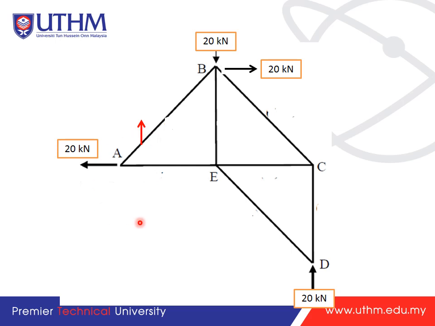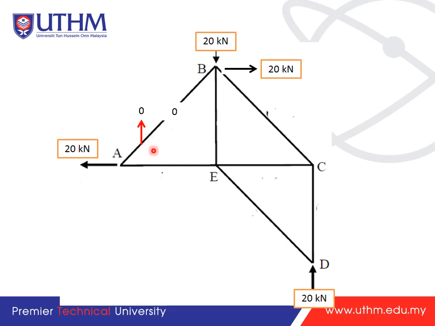It is easy. If I start with this part, the vertical at A is 0. Earlier we found that the vertical support reaction is 0 here. So this one will be 0, so of course this will be a zero-force truss member. We do not need to continue to resolve into x and y components.